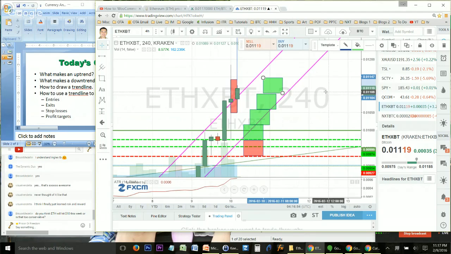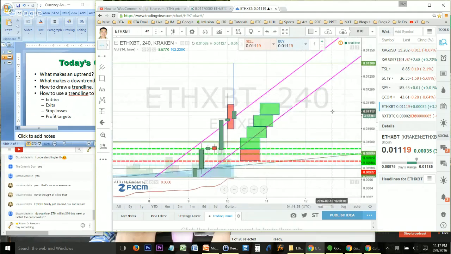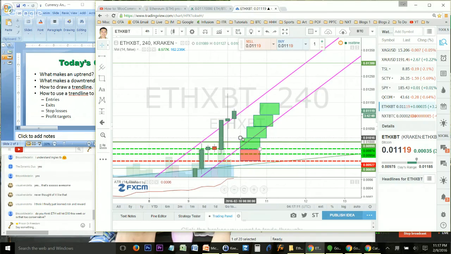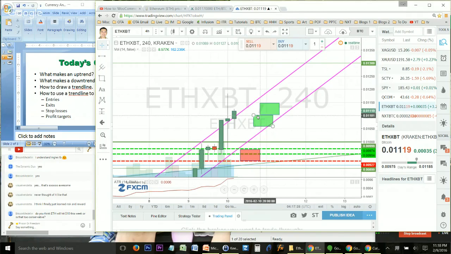Will it hit $10 this week? Okay, now I'm looking at these charts, guys, in Bitcoin. So when you guys ask me how much it is in dollars, it's really hard for me to compute because I'm used to trading everything in Bitcoins, not in dollars. I trade currencies, stocks, and futures in dollars, but every time I trade, whether it's Ethereum or Bitcoin or Doge or NXT or any of that, I do it in Bitcoin so that I can keep track of what the value of it is each time.